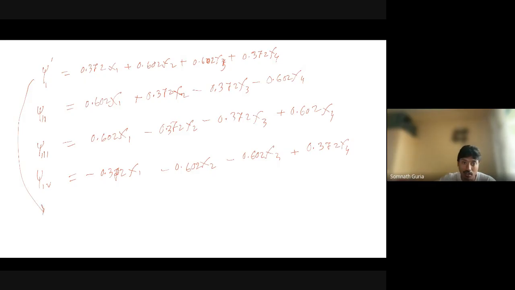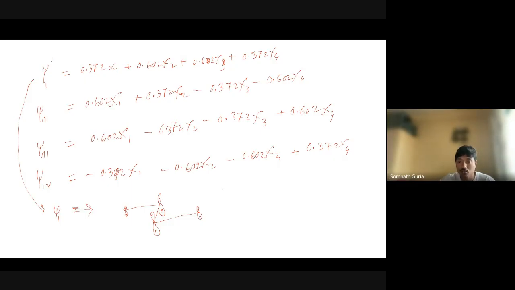If you draw psi1, it looks like this: we have four orbitals here. The first one's contribution is smaller, the second one larger, the third one also larger, and the last one smaller. Everything is positive, so everything is in the same phase.